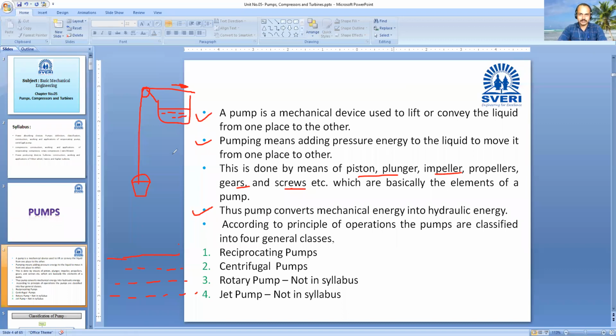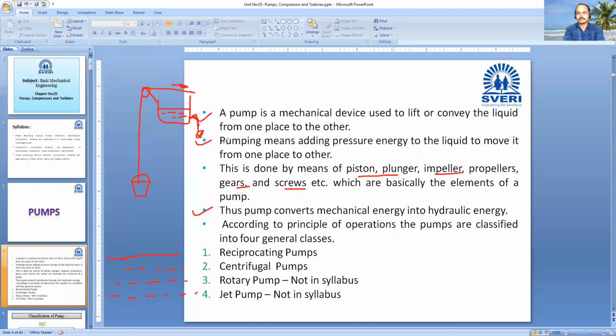It means it is not possible to lift water from the lower level to the upper level without adding energy to that water. If there is one tap on that tank, and if I turn on that tap, to move that water in the downward direction, do we require some energy?